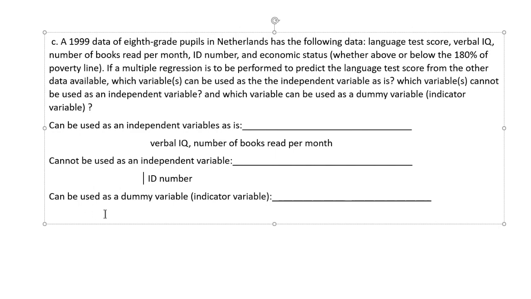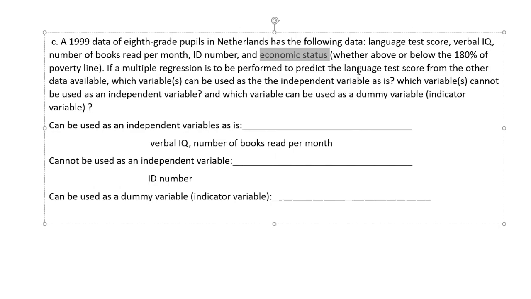And for this economic status, well, it's either above or below the poverty line, so it's not a numerical value.